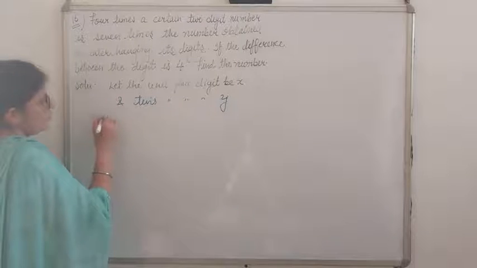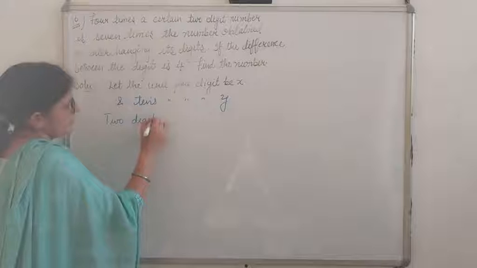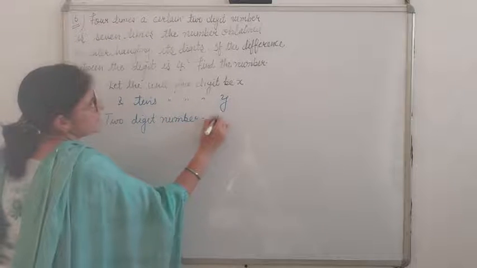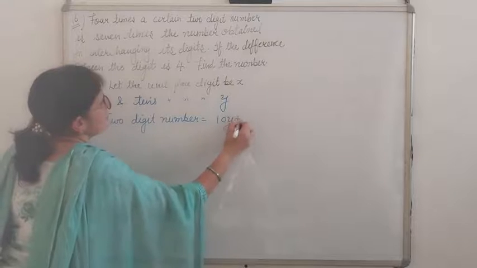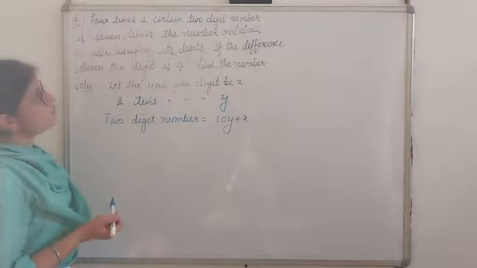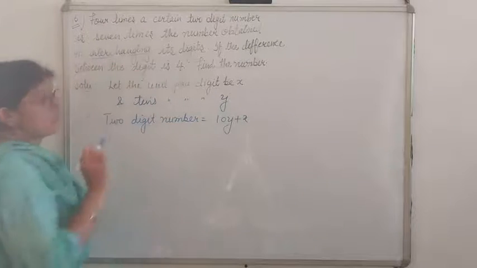Therefore, the 2-digit number is 10y plus x.